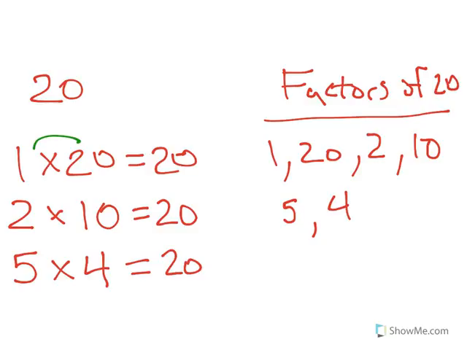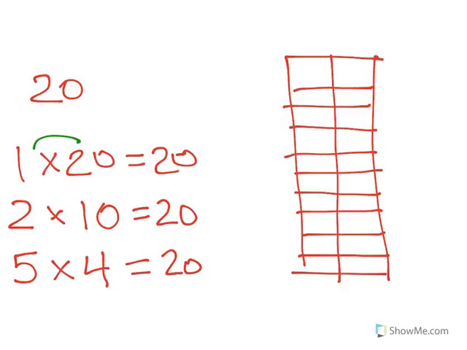So the thing that's important about factors, and we're going to get into this in class today, is that you can go ahead and actually make rectangles like this that are 20 units. So let me demonstrate what I'm talking about. If you notice here, in this drawing I just made, the rectangle is 2 boxes wide on the bottom, and then it's 10 boxes high.